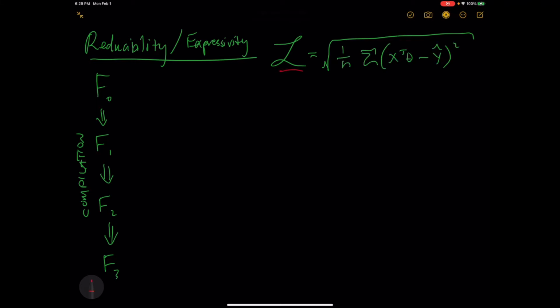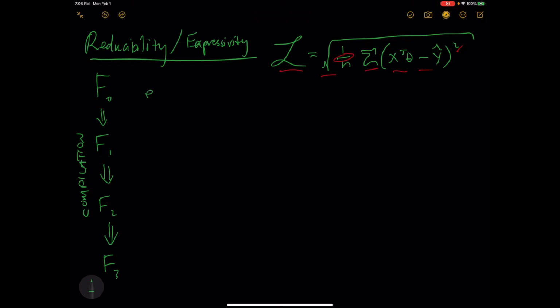Well, just looking at this syntactically, it looks like we need a lot of operators, right? We have exponentiation, we have addition, subtraction, matrix multiplication, division, and then this square root operator. Well, it turns out that you can express a lot of these operators in terms of a composition of simpler functions.